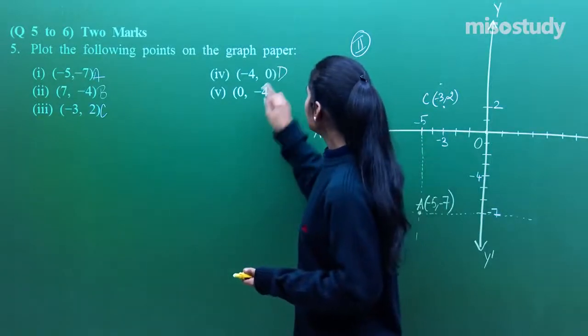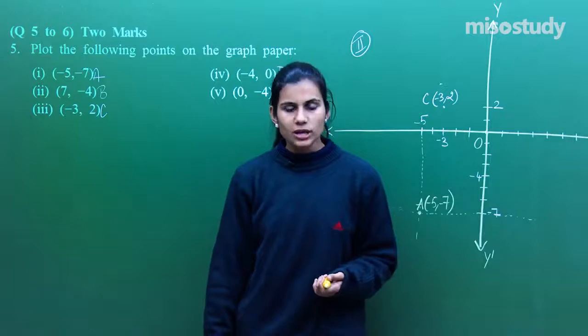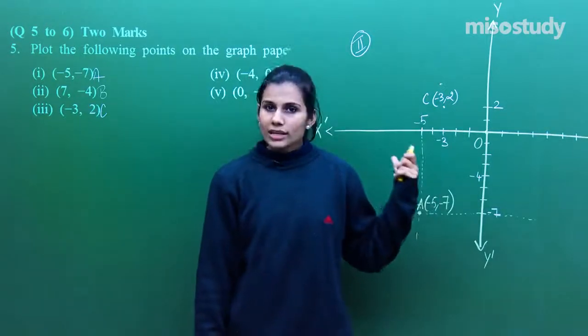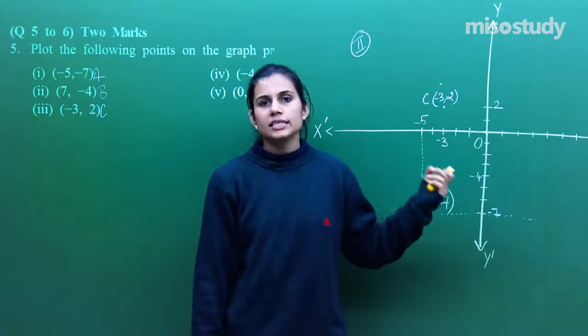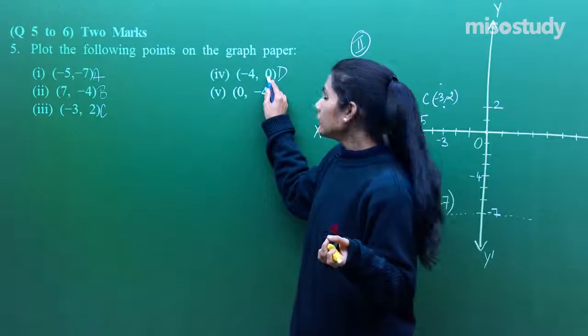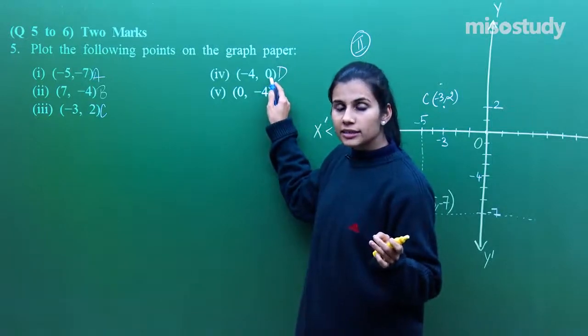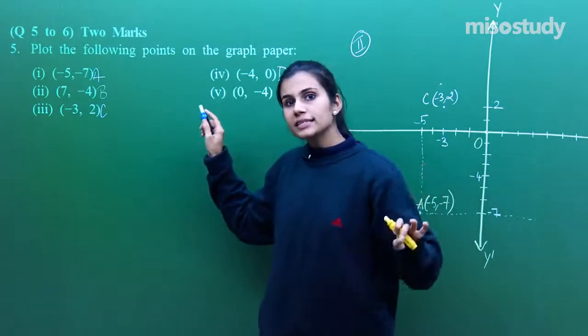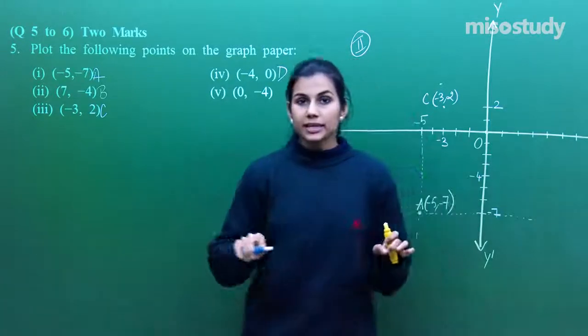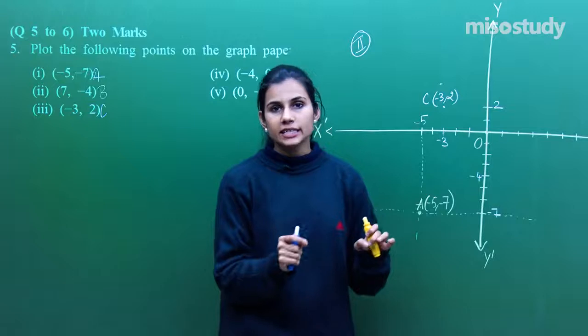Here I have point D, that is (-4, 0). -4 means the negative x-axis. 0 as the y coordinate means that the point is lying on the x-axis itself. The y coordinate is 0, which means the distance of that point from the x-axis is 0, that means the point is lying on the x-axis. -4 indicates that you just need to be along the negative x-axis.